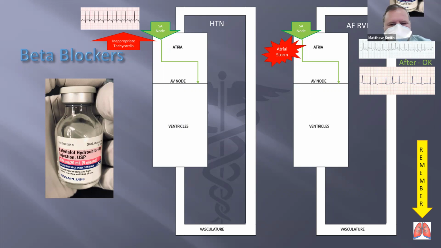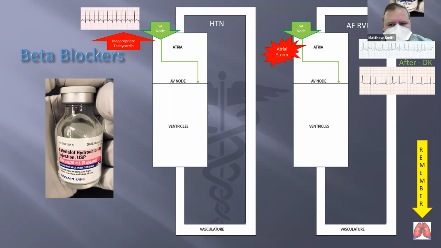heart from racing. The other thing that beta blockers can be used for is for rate control in atrial fibrillation with rapid ventricular response. So remember that in AFib, what we have is a storm of electrical activity going on at the level of the atria, and the beta blockers that we give will just kind of suppress the intensity of that storm, and hopefully by doing that, we will lower the extent to which the ventricles are responding.